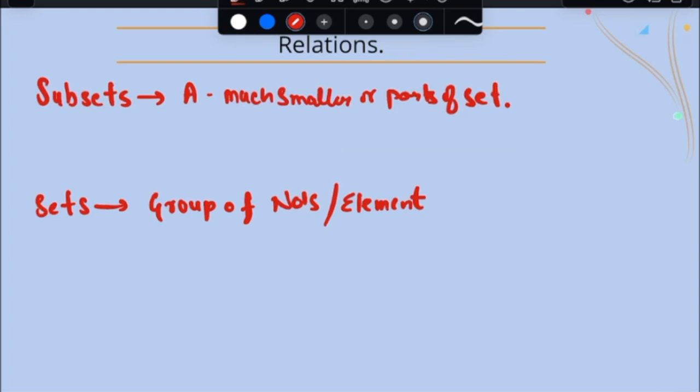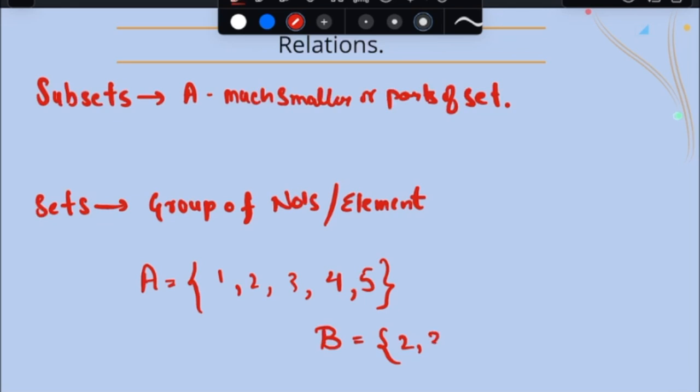For example, let's take a set A: 1, 2, 3. This is a set A, right? Now, if I take a set B, that is 2, 3, I can clearly say that B is a subset of A. How?